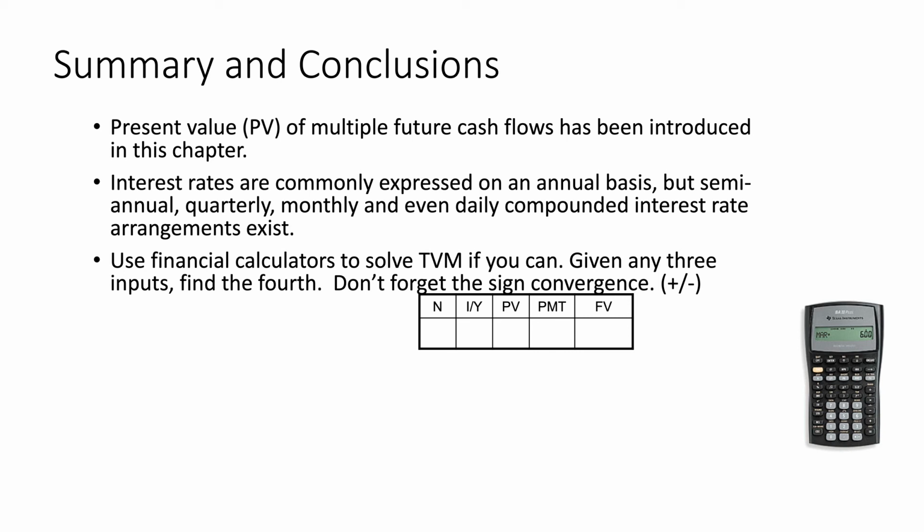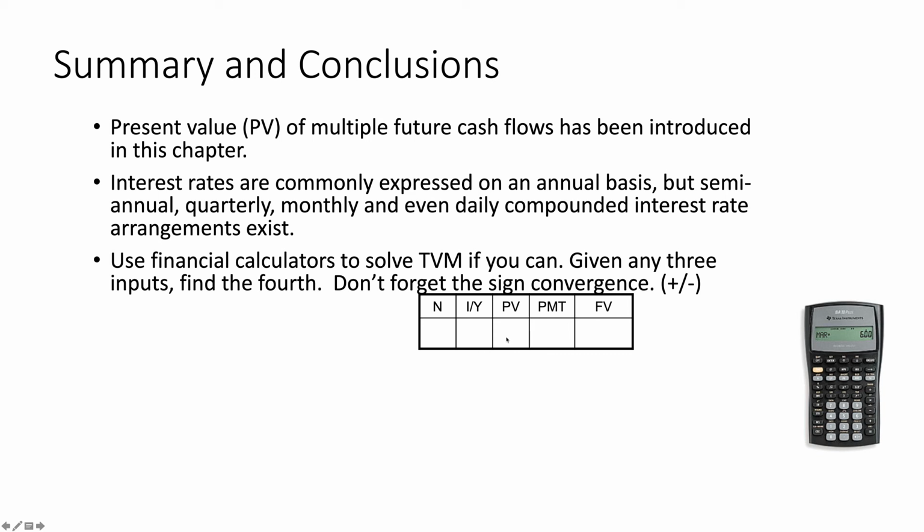I like to put a negative sign on present value, so PMT becomes positive. But the textbook just uses cash inflow and cash outflow. In that case, PMT is negative and present value is positive. As long as these two signs are opposite, it works fine.